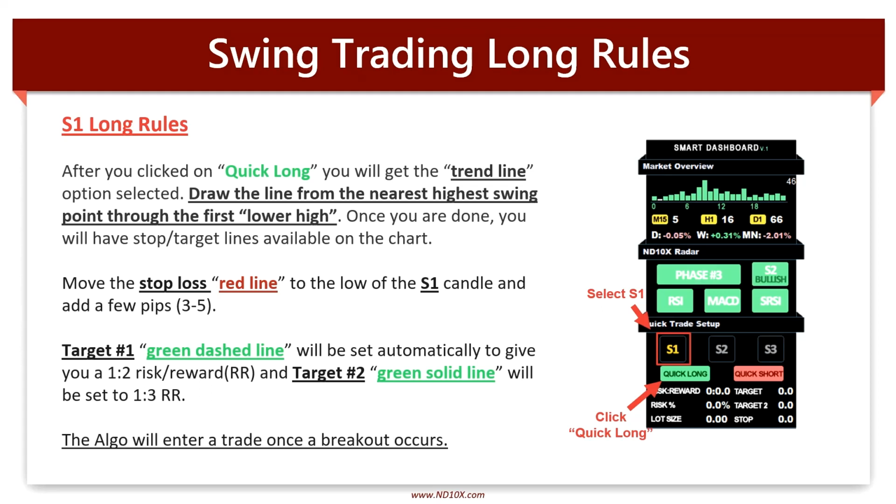Move the stop, so red line, to the low of the S1 candle and add a few pips, like 3 to 5. Target 1, green dashed line, will be set automatically to give you 1 to 2 risk reward, and target 2, green solid line, will be set to 1 to 3 risk reward. The algo will enter a trade once a breakout occurs.